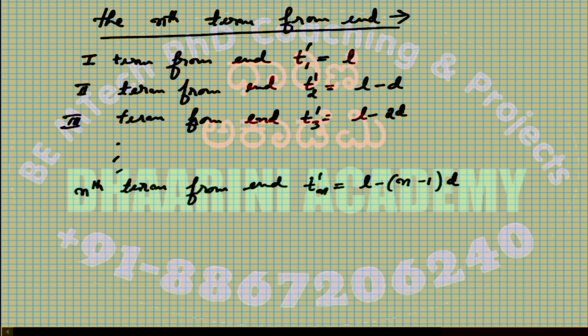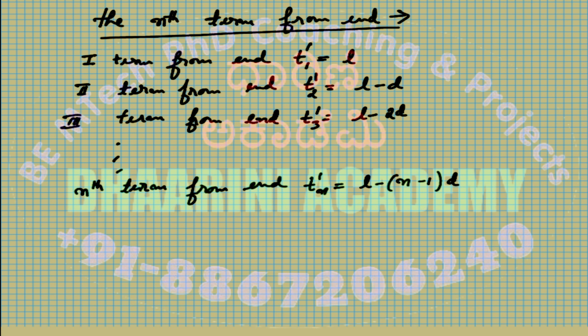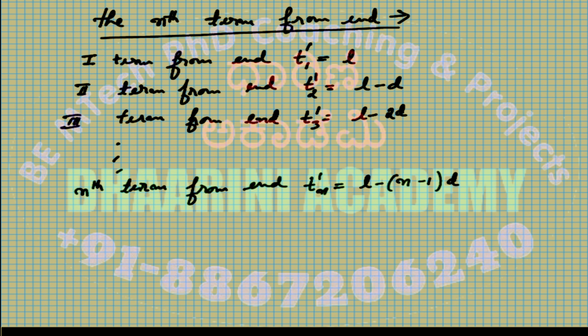Just remember what L is. L is the last term that is denoted by Tn, right? Use the equation Tn to find the last term. So that last term minus n minus 1 into D. If you want to go from the first to last and calculate the nth term, this is A plus n minus 1 into D. And you can use this notation.